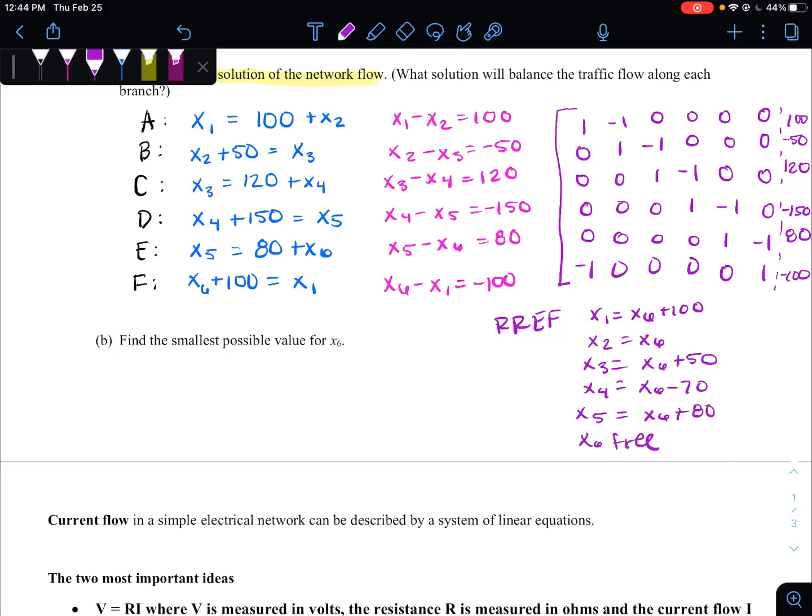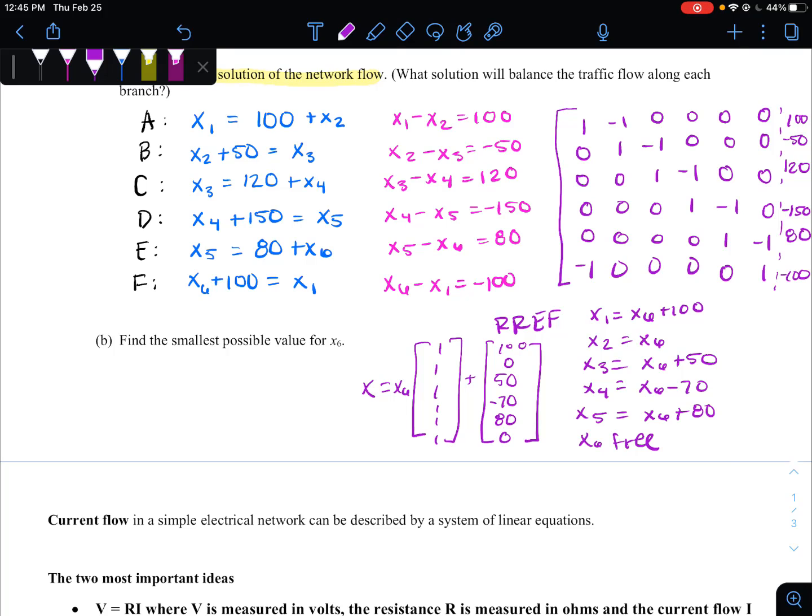So if we were to write the general solution that balances this traffic circle, I've got all the coefficients of x6, so 1, 1, 1, 1, 1, 1 for x1 through x6, plus the vector full of constants: 100, 0, 50, negative 70, 80, and then, remember, I don't want the free variable to be dependent upon any other constant, so I'm going to put 0. And so that's how you would describe it.